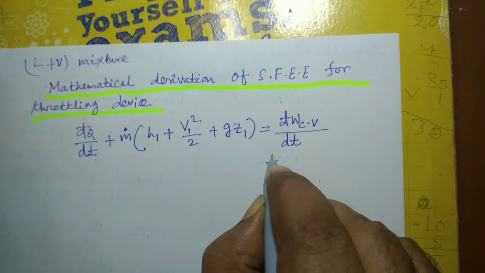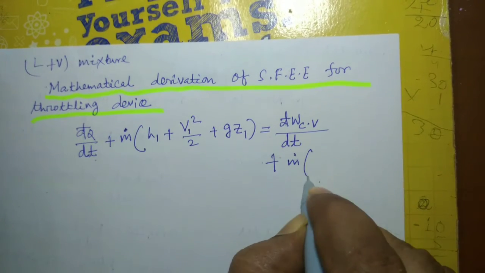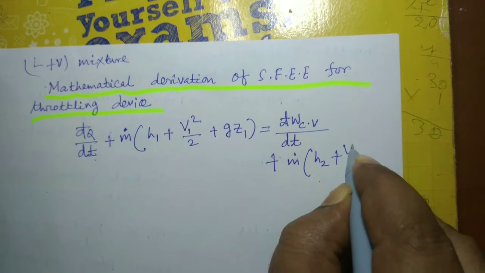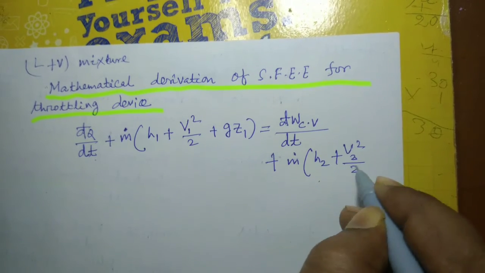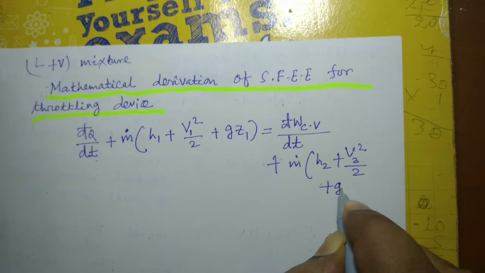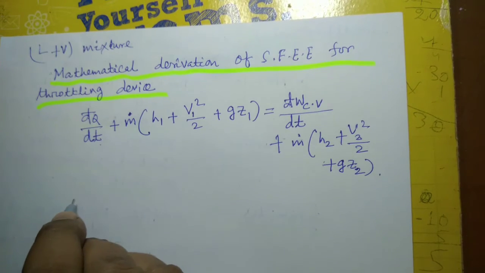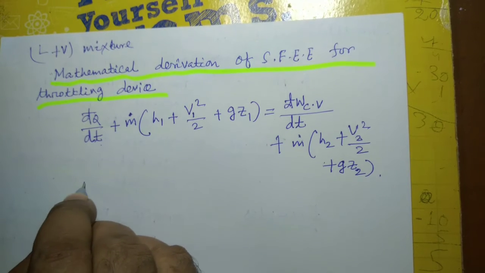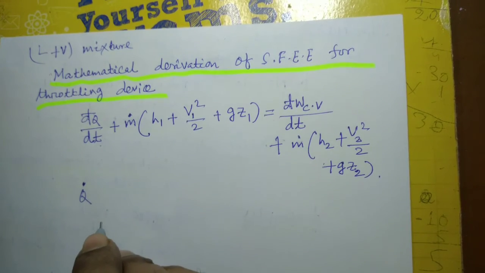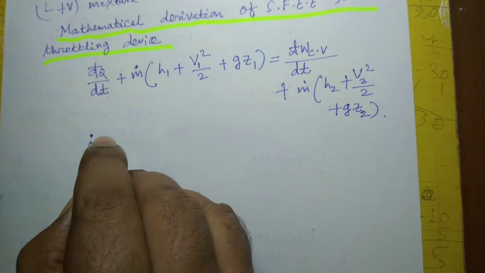Plus m dot (h2 plus V2 squared by 2 plus g z2). I can write this in this way also: instead of dQ/dt, I will write Q dot. There is no problem in it.